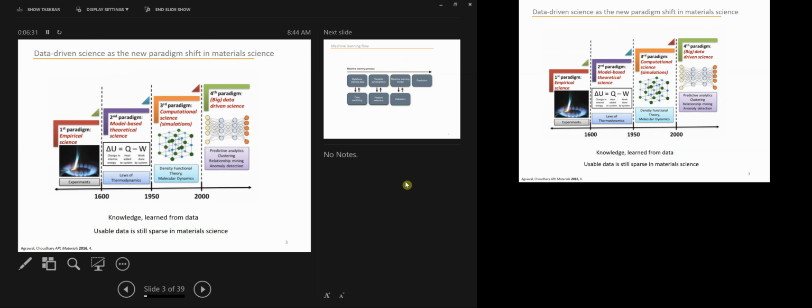It's suggested that the next paradigm change in material science could be data-driven sciences such as machine learning, and partly this has become available due to the advancement of computational methods, which have generated enough data for us that we can use machine learning models now. Nonetheless, this data in material science is still sparse.